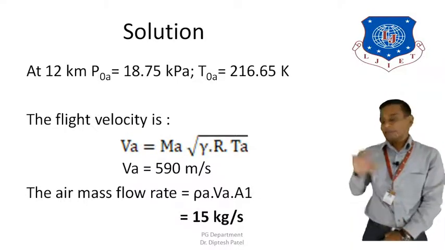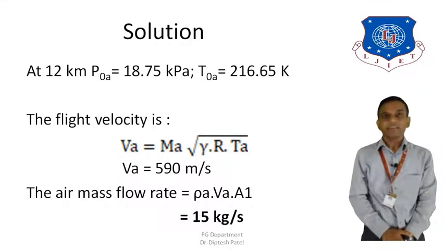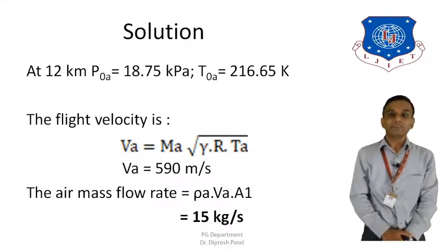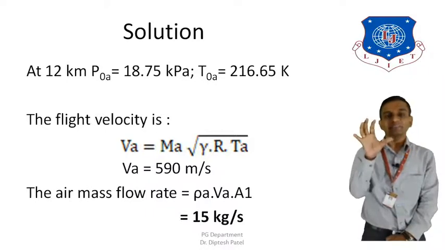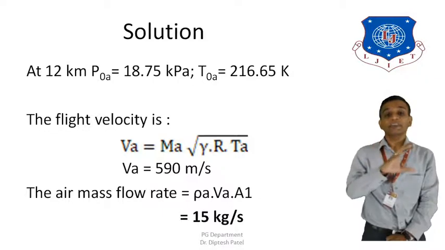On the basis of that I should be able to get the flight velocity. We know that Mach number is equal to the object velocity divided by the sound velocity.